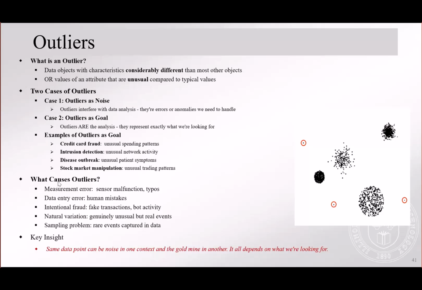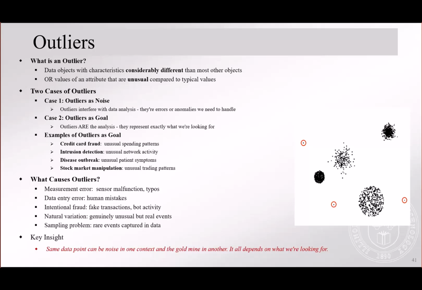Understood. The question here: what causes outliers? Sometimes it's measurement error, a sensor glitch, a typo. Sometimes it's a data entry error, someone fat-fingered and added extra zeros. Other times it's intentional, let's say fraud: fake transactions, bot activity.